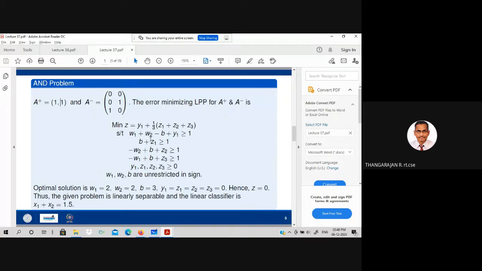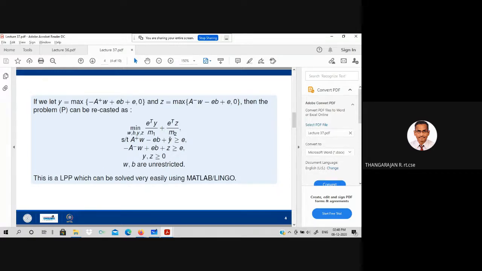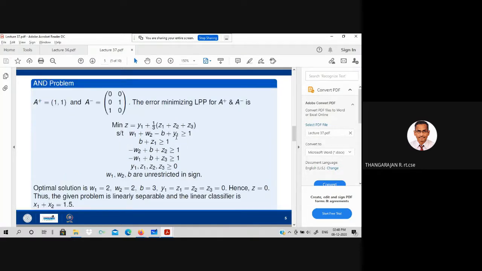Okay, and subject to the condition. What is the condition? The condition is this. You have to put it in this form, a plus w minus eb plus y. When you put it in that form, these are the conditions you get, where w and eb are unrestricted in sign. You can use any sign for them.